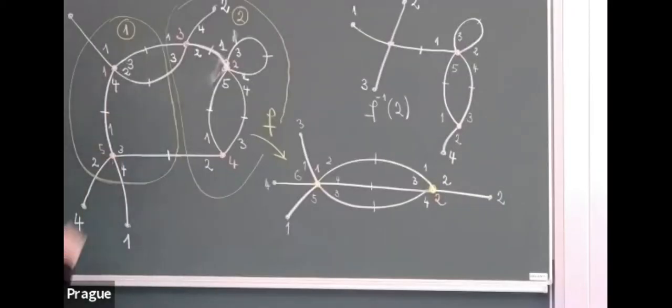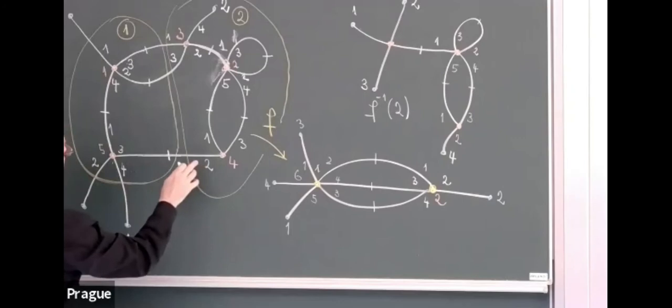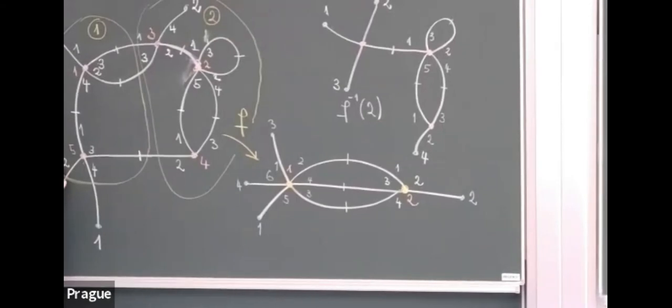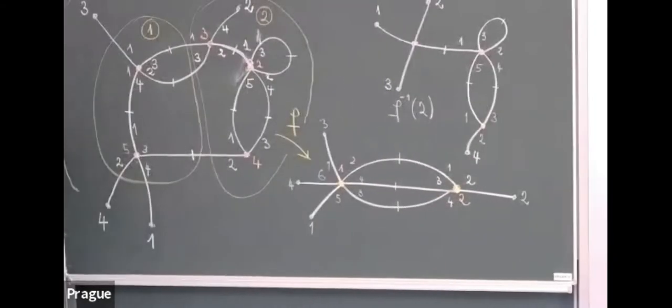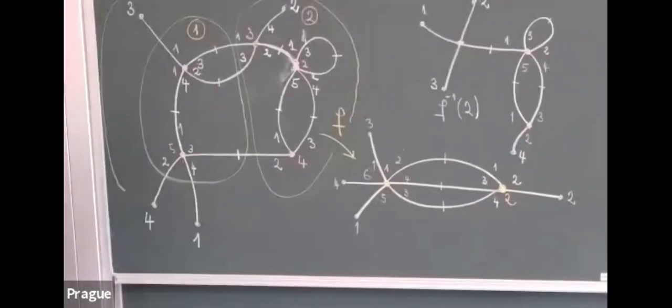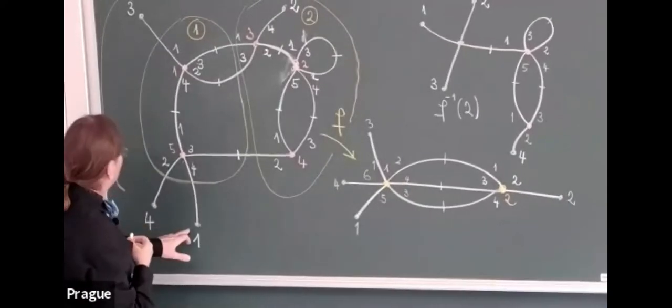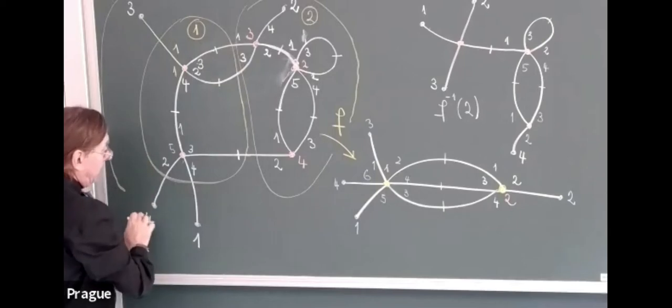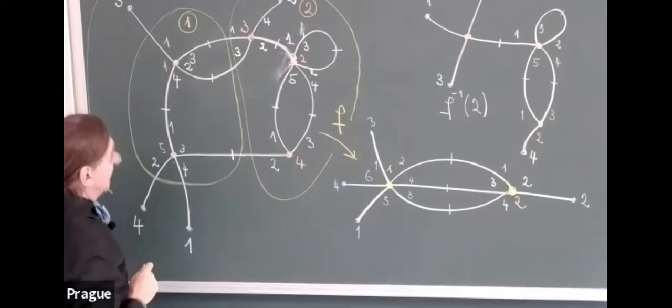And so, as I say, the vertices are ordered 1, 2, 3, 4, 5. The half edges at each vertex are ordered 2, 3, 1, 4. The legs are ordered also 1, 2, 3, 4. That's it.